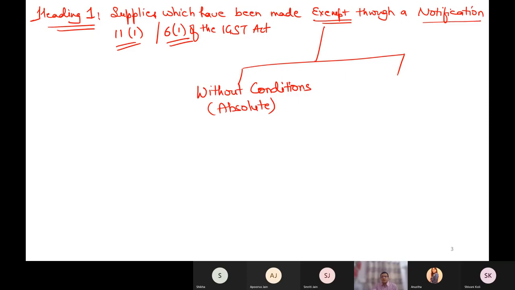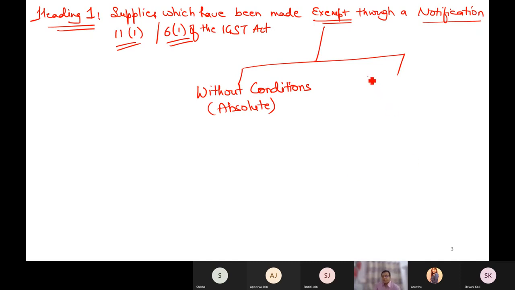In some cases of supply of meat, full exemption. Curd, lassi, milk, full exemption. No condition is required to be satisfied by the supplier to make sure that the supply is exempt. If this is that product, exempt. So this is without condition.